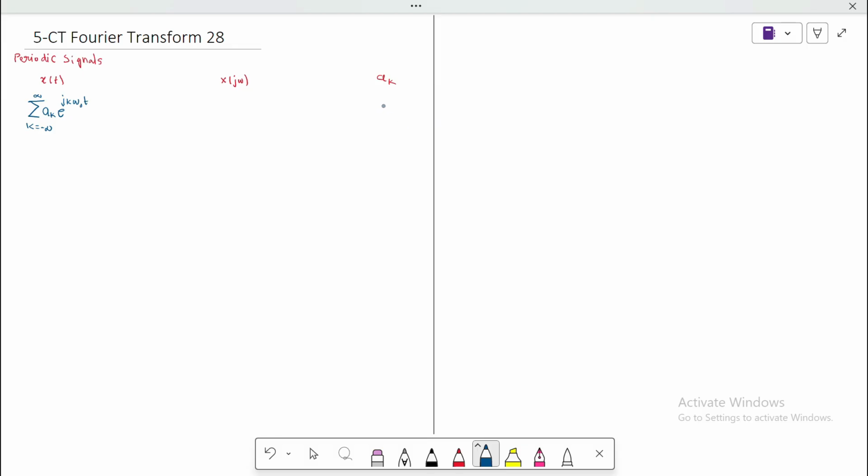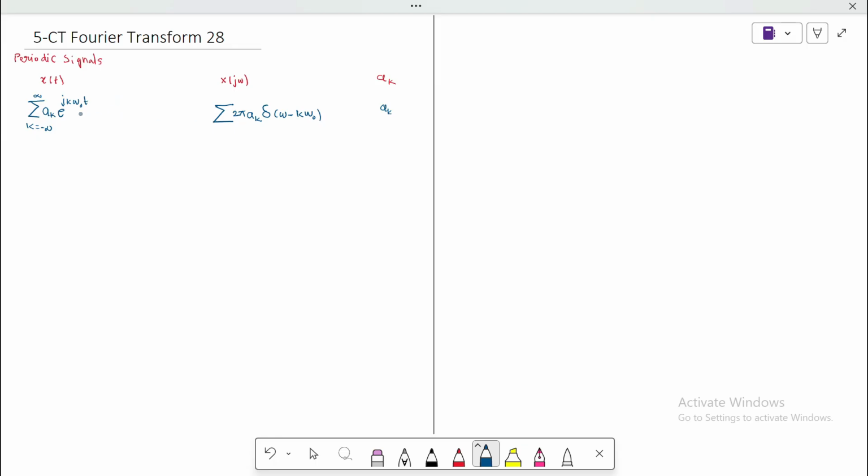Now for the corresponding Fourier transform, you know that it is an impulse train. How to write the impulse train? The impulse train magnitude is equal to 2 pi into a k, so 2 pi a k into delta of omega minus k omega naught.